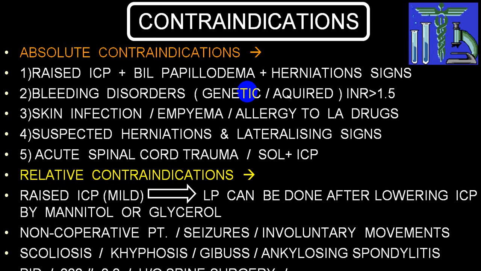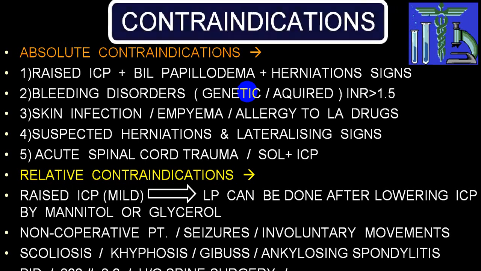We should decide patient to patient, and we put these into relative contraindication. And in those groups, you will go for cisternal puncture, and that should be done by an expert.